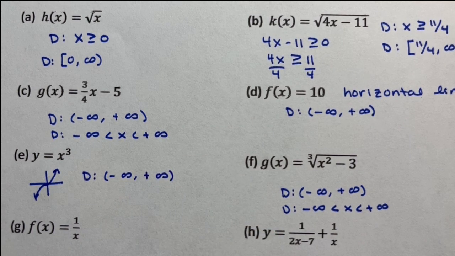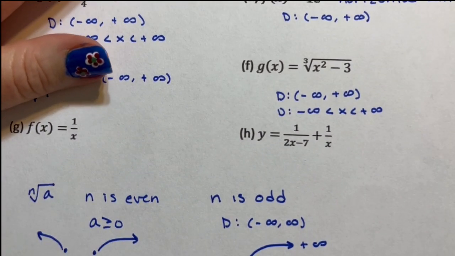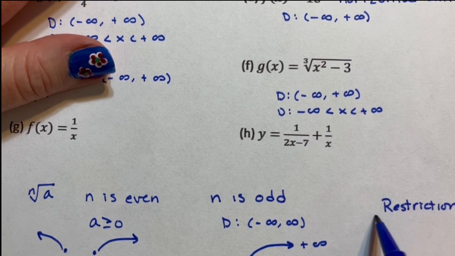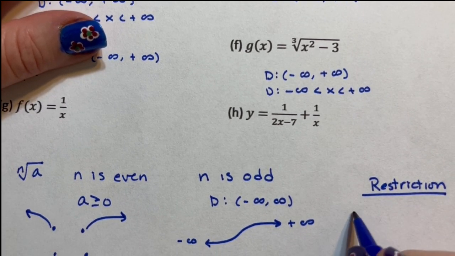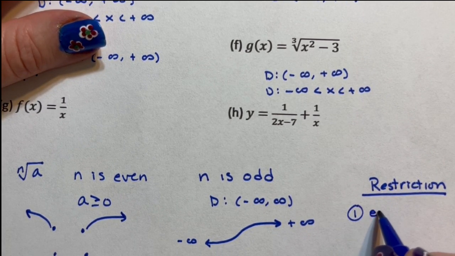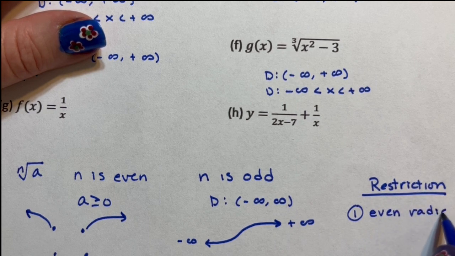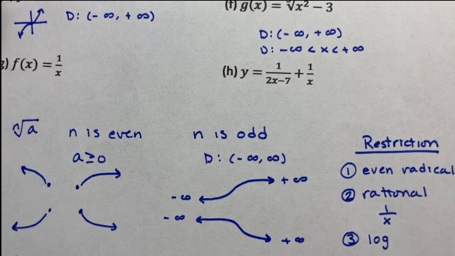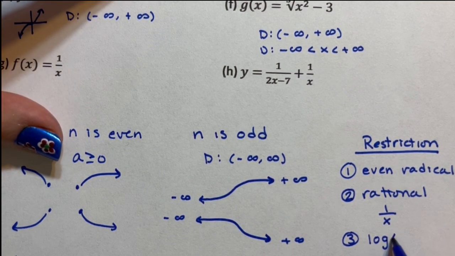The only time it isn't all real is when there is a restriction. And in reality, the only times there are restrictions in a basic algebra class is under an even radical, which we just talked about, a rational, that's like 1 over x, which we're about to talk about, and the third one is a log, which isn't on my list, but like log of x.